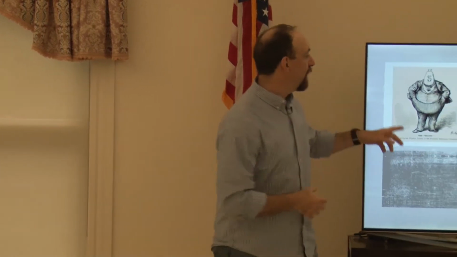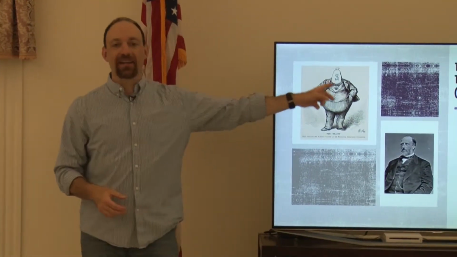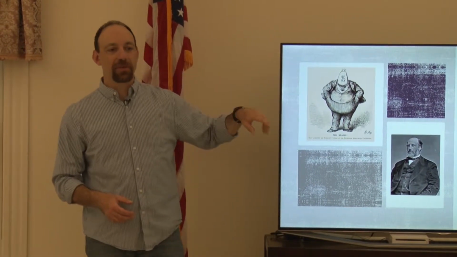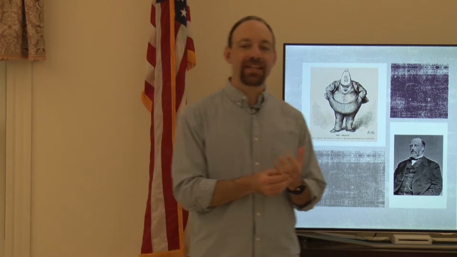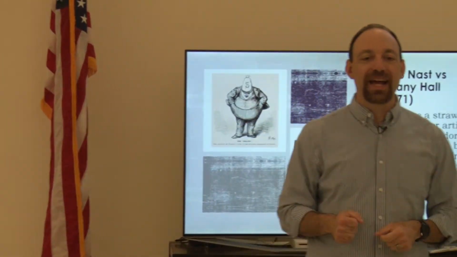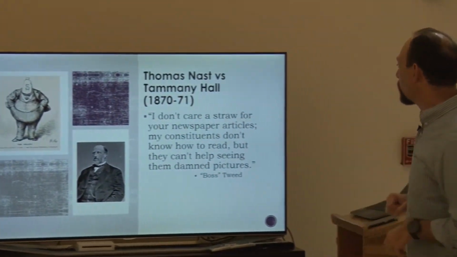So Thomas Nast, the political cartoonist who was a Republican, had it out for Tweed, begins to draw cartoons that attack Tammany Hall and attack Tweed himself, depicting Tweed, for example, as a bag of money. Cartoon is called The Brains, and what's the brains but the sack of money? It was money that allowed Tweed to maintain his position. It was bribery, it was graft that allowed him to control New York City.